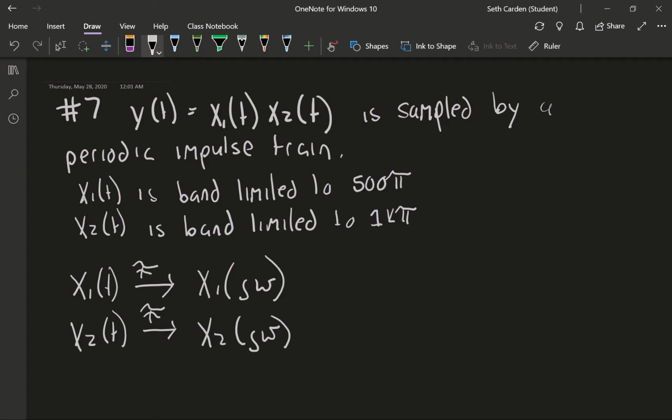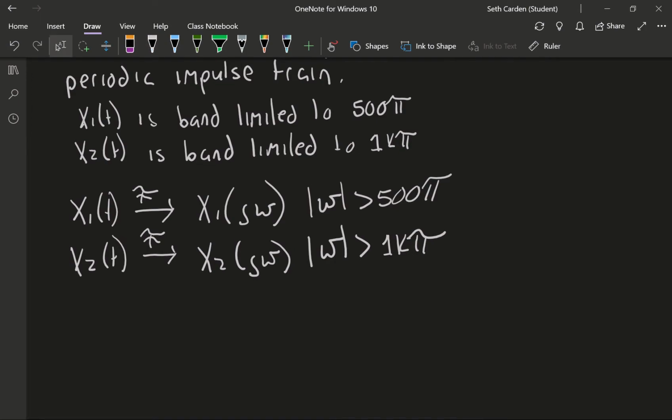So we know from the problem statement that x1 of t is band limited, so that means it won't be above 500 pi, and x2, same deal, we've been given the limit.